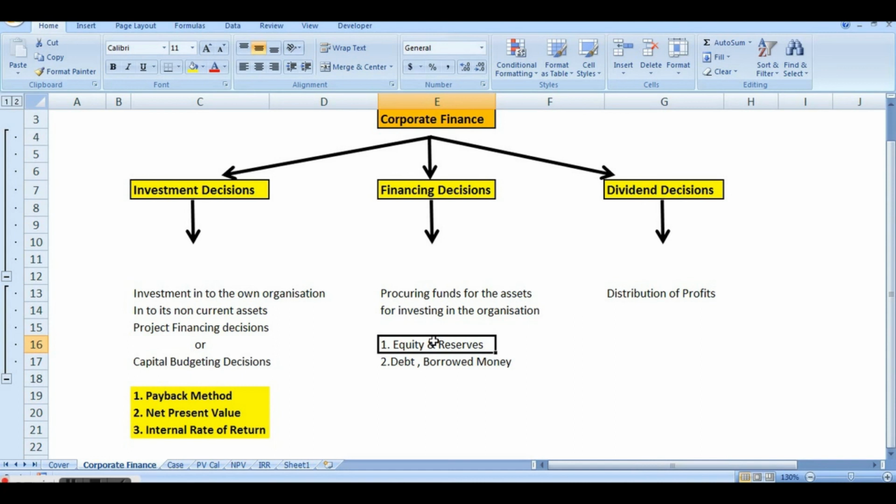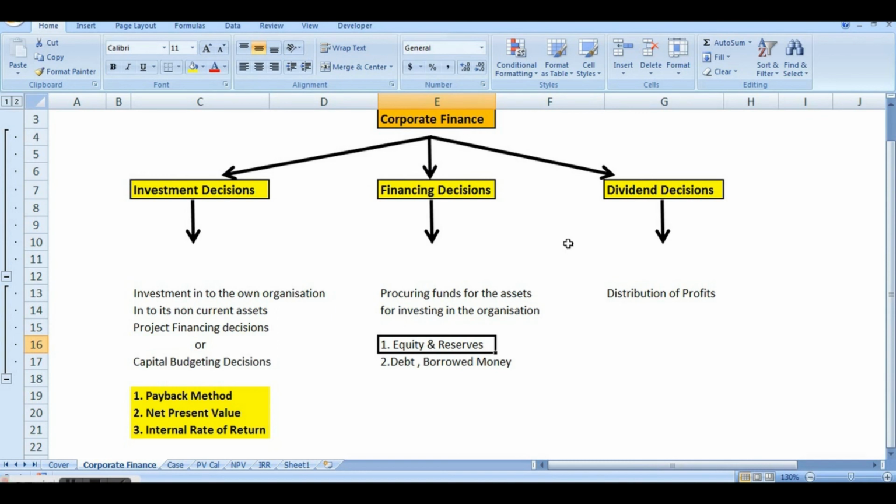Based on this cost of equity and cost of debt, you can calculate the overall cost of the total finances of the organization, which is known as WACC, or weighted average cost of capital.